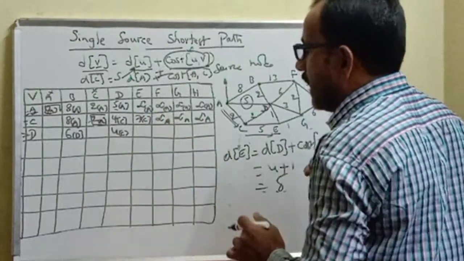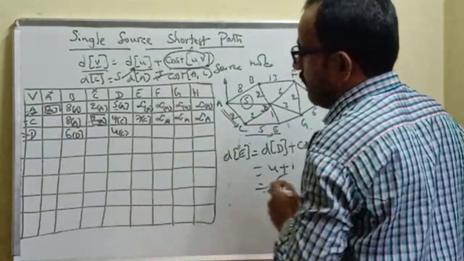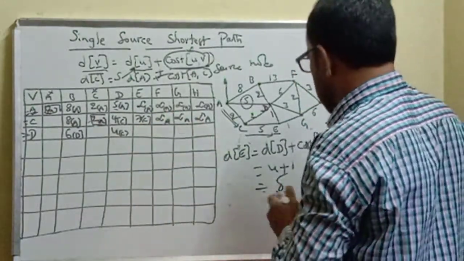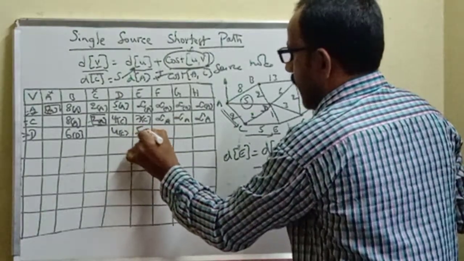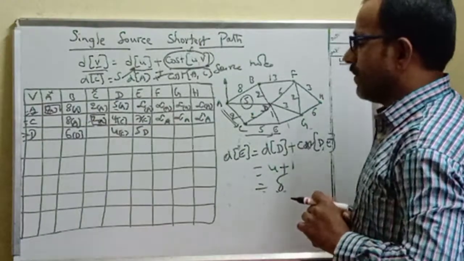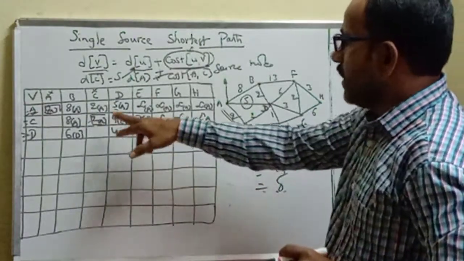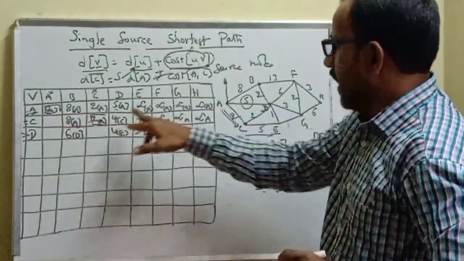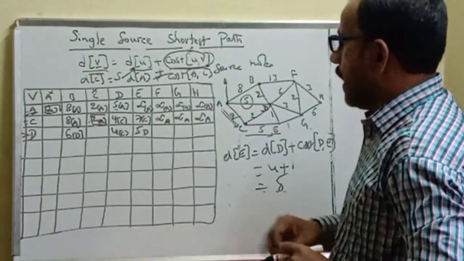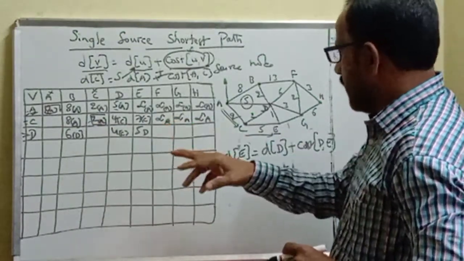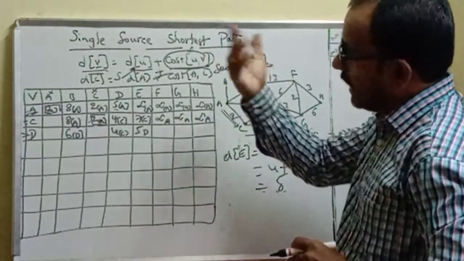Then immediately compare the previously assigned cost in that particular column with this cost. This is smaller. If you go via D, we get the smallest value. Earlier, after reaching C, if you consider the direct edge, the cost is 7. But now we consider D as the intermediate node; we have already considered C as an intermediate node.